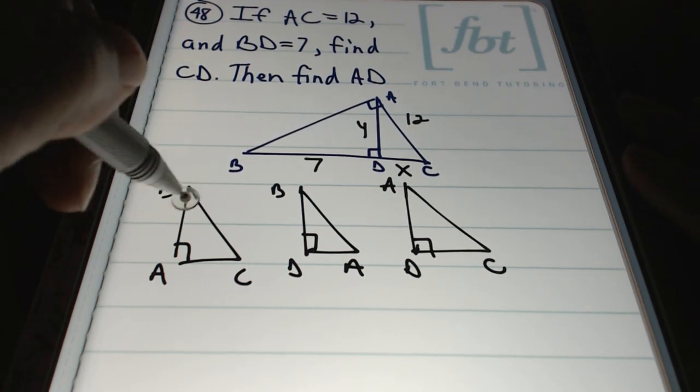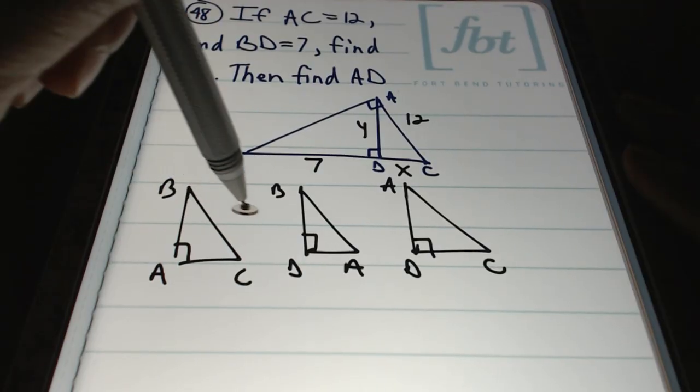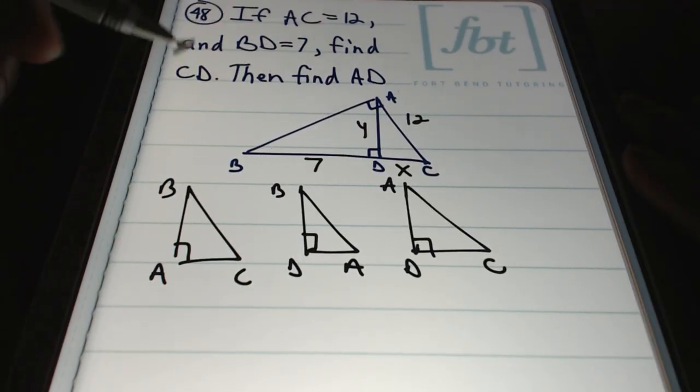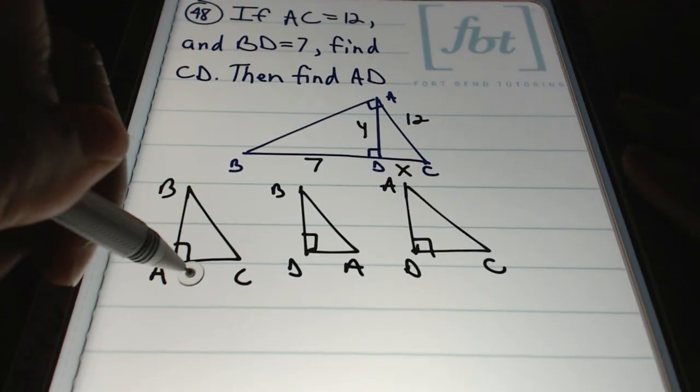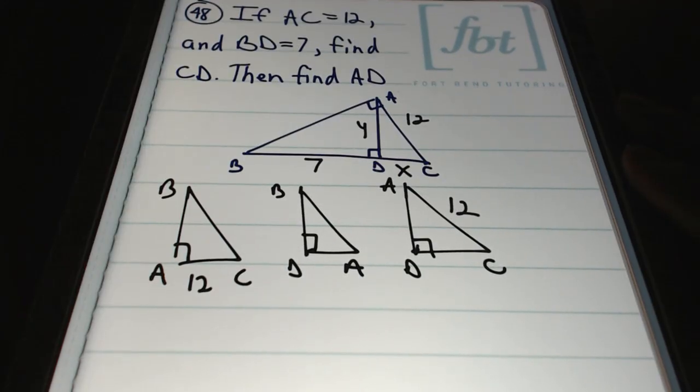So let's go ahead and fill in our values on our Papa Bear, Mama Bear, Baby Bear. Everywhere we see an AC, guys, AC is going to be the length of 12. We've got a length of 12 right here.